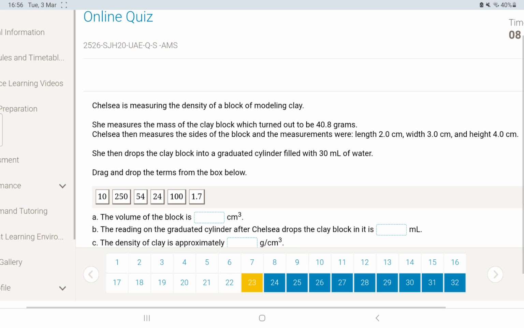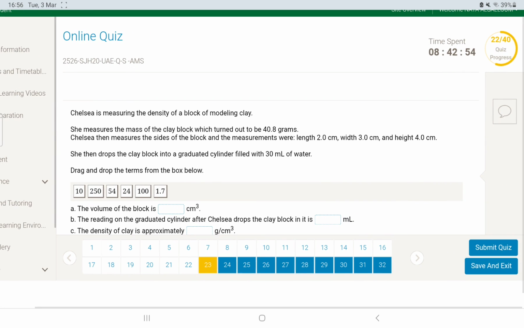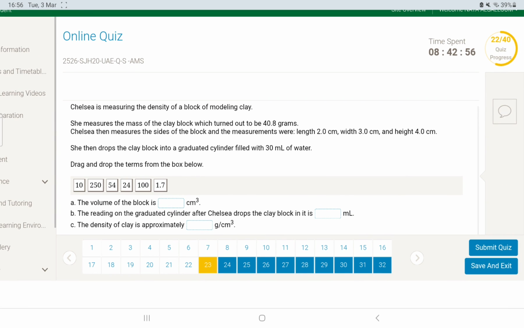Okay, Chelsea is measuring the density of a block of modeling clay. She measures the mass of the clay block, which turned out to be 40.8 grams. She then measures the sides of the block, and the measurements were length 2.0 centimeters, width 3.0 centimeters, and height 4.0 centimeters.